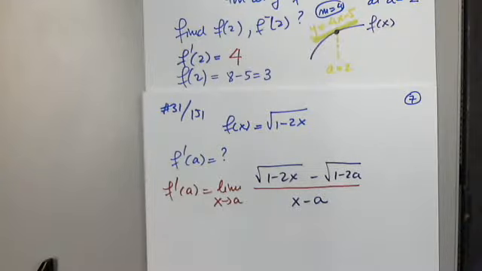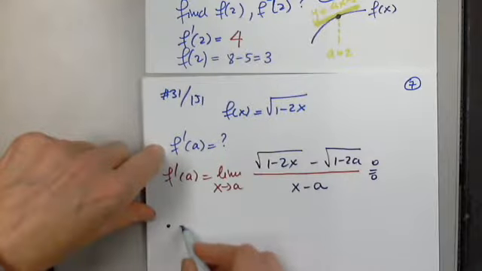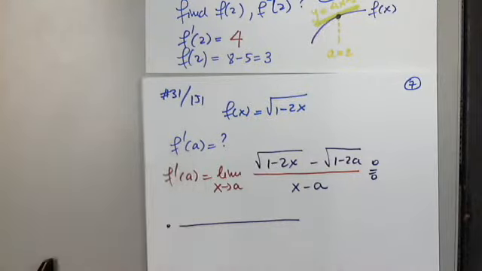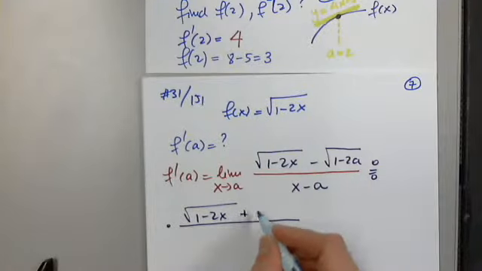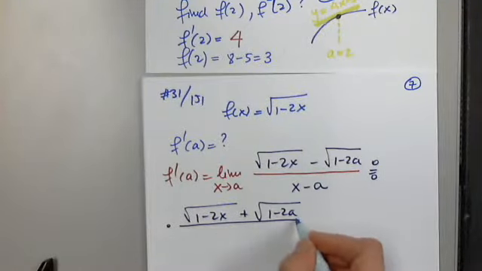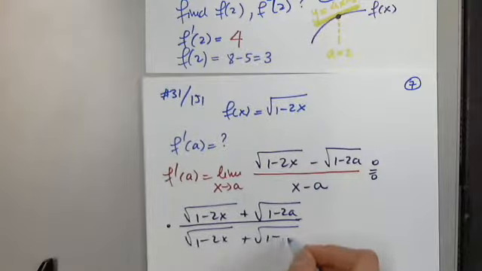Okay, so of course I have to plug it in. What do you think I'm going to get? 0 over 0, of course, indeed. So then, in this particular situation, what do I need to do? Multiply by the conjugate. Very good. The square root of 1 minus 2x plus the square root of 1 minus 2a, divided by the square root of 1 minus 2x plus the square root of 1 minus 2a. Very good.